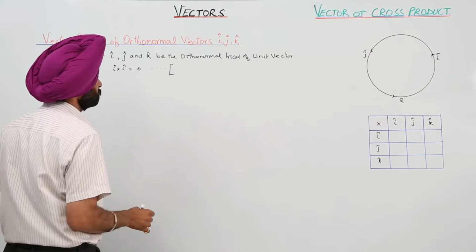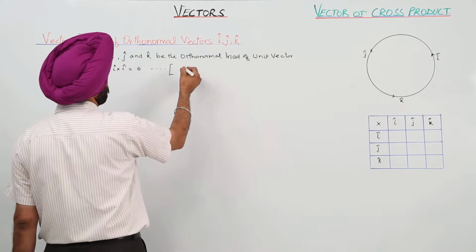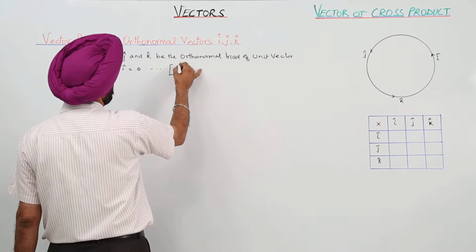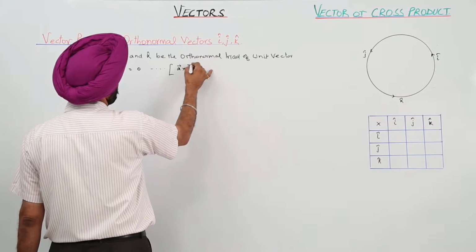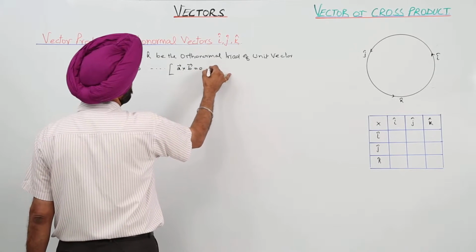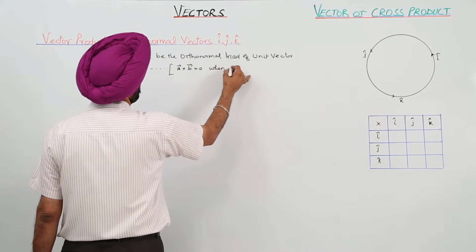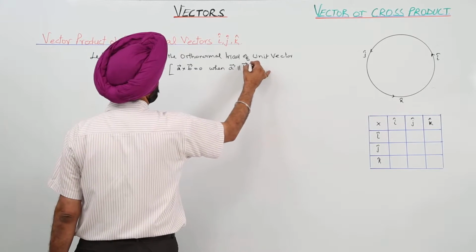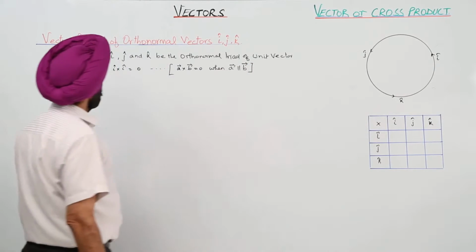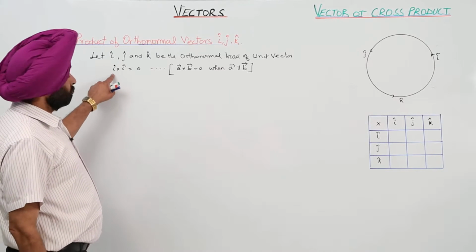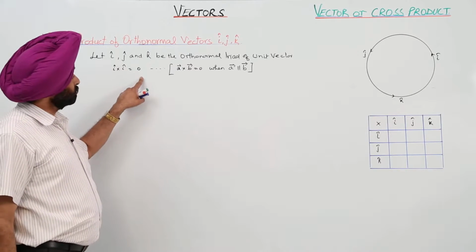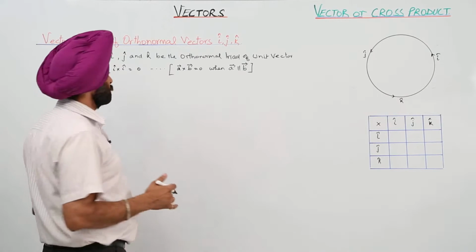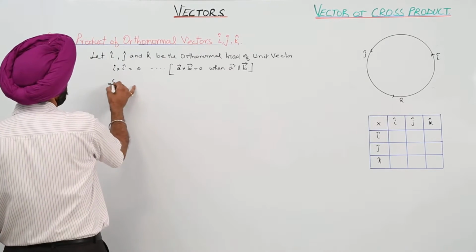The result is vector A cross vector B is equal to 0 when vector A is parallel to vector B. Here i cap cross i cap is equal to 0 because i cap and i cap are coinciding with each other.